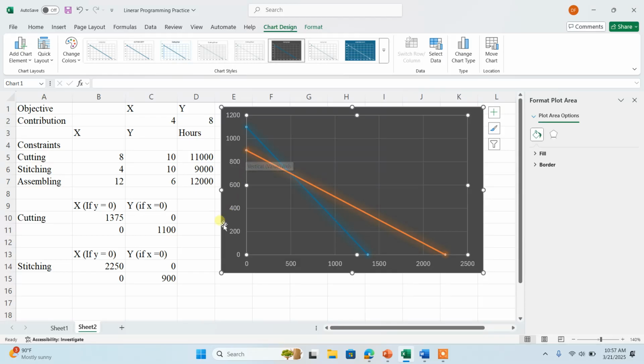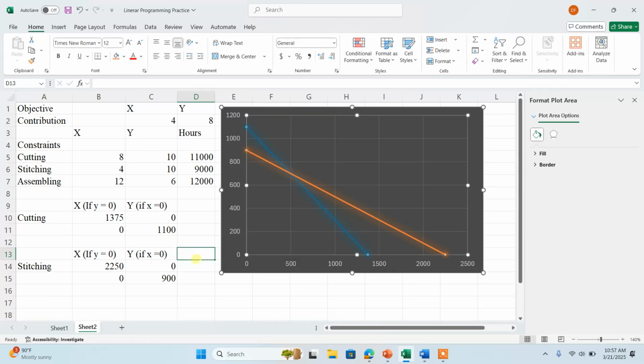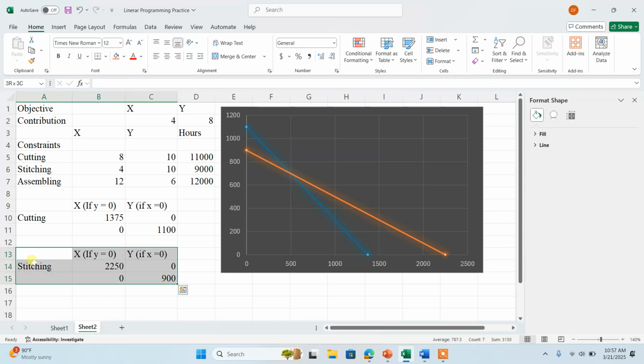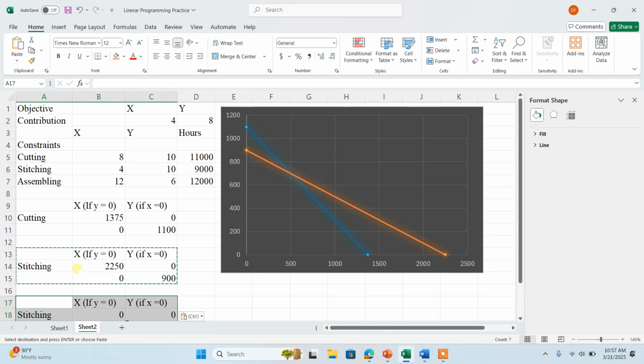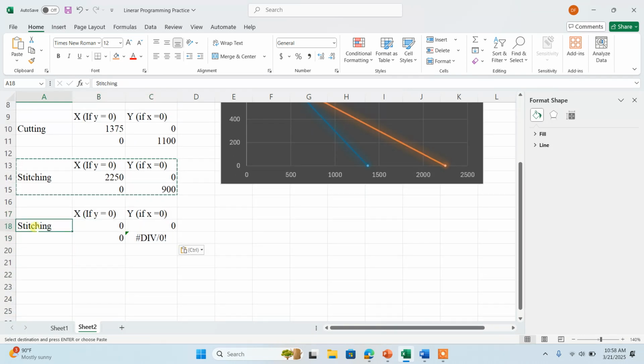But no doubt we have the third department also. Let's draw the constraint of the third department also. To save some time, let me copy it directly. Now the assembly department.